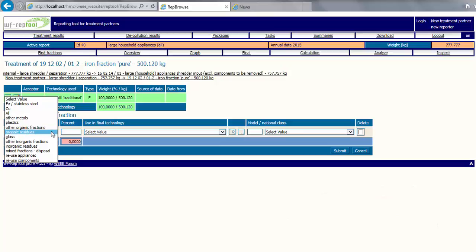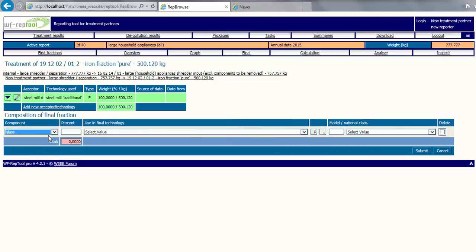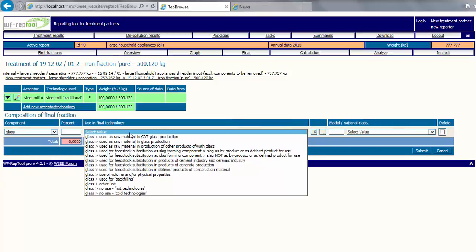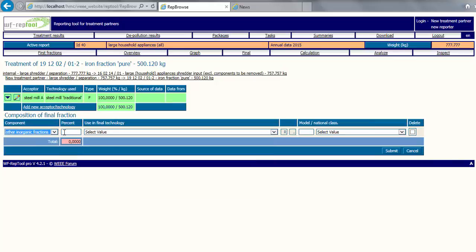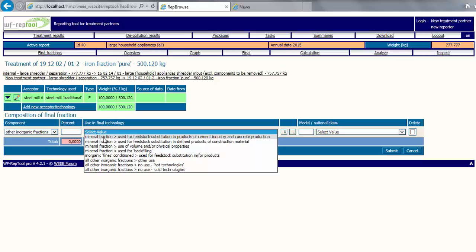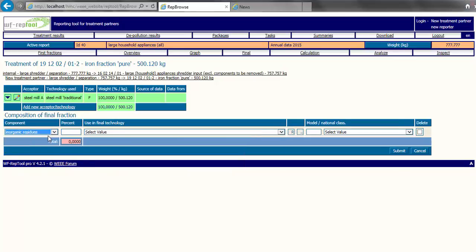Inorganic fractions are distinguished to glass. Under this headline we see all kinds of glass like CRT glass and other glass like flat glass or glass pieces. Other inorganic fractions we distinguish to mineral fractions, mainly foreseen for stones and fines from large household appliances. Next are inorganic residues.